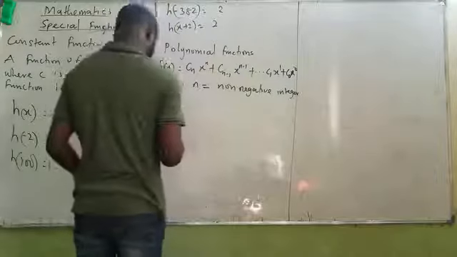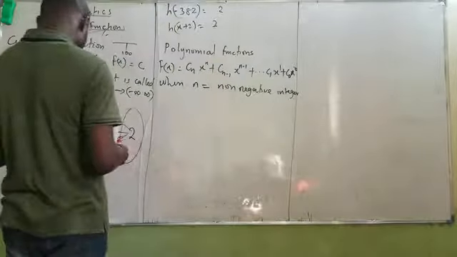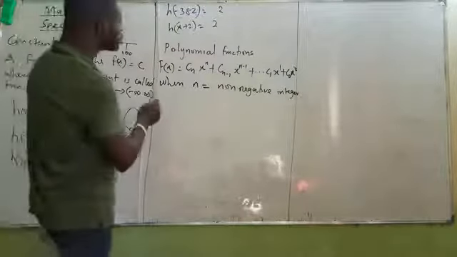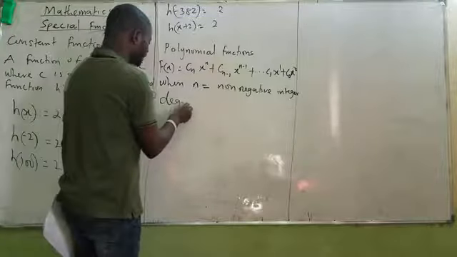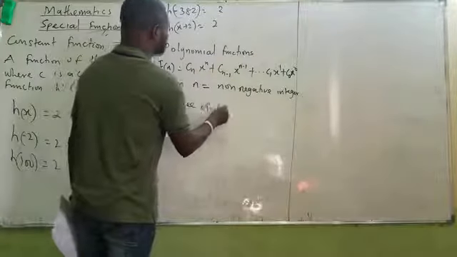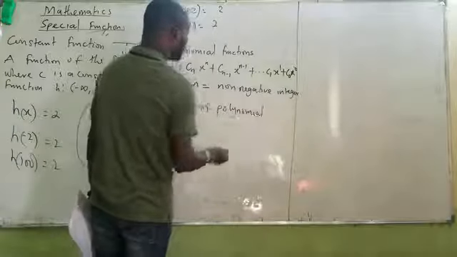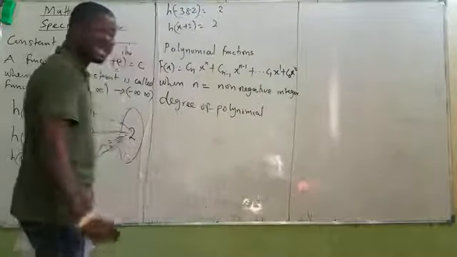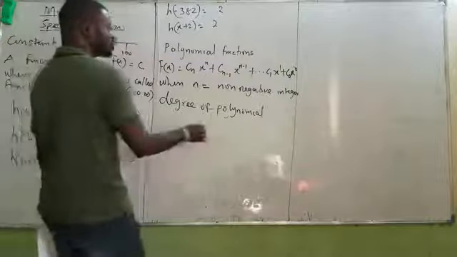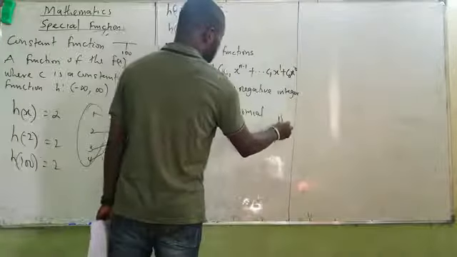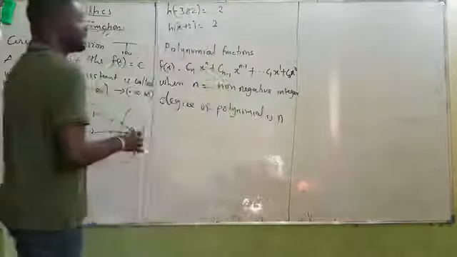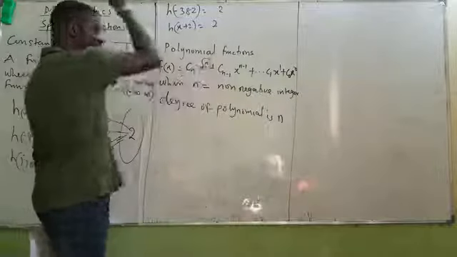What you just need to know is that when you talk about a polynomial, you must know what is called the degree of the polynomial. The degree will just be the highest degree. Degree n is n. My degree is n.